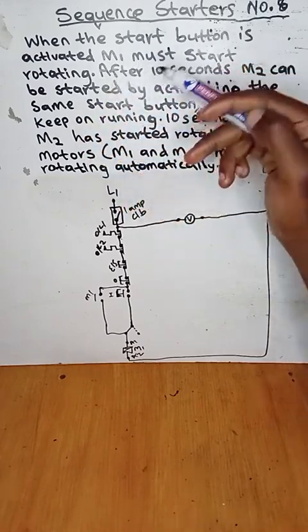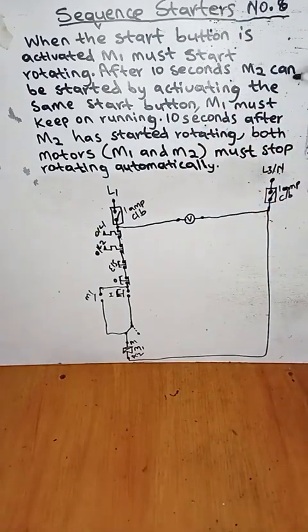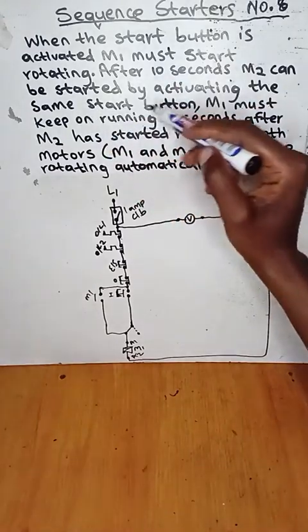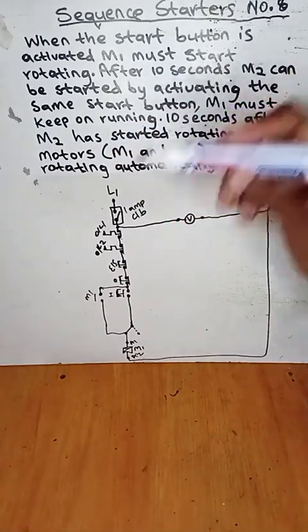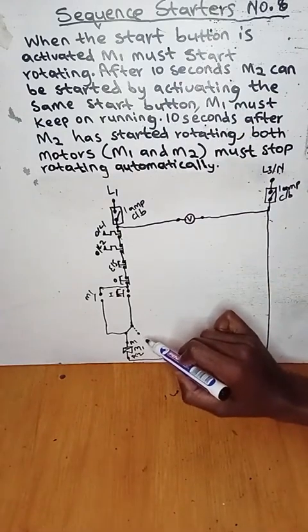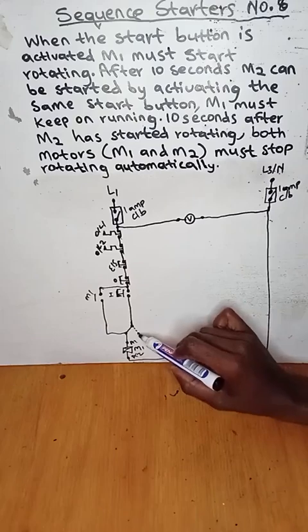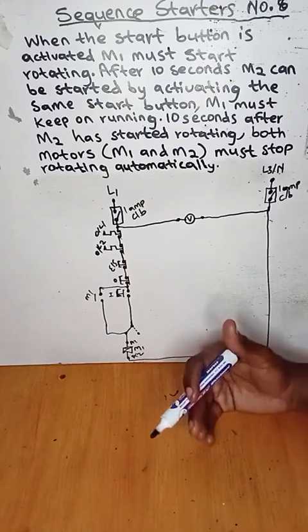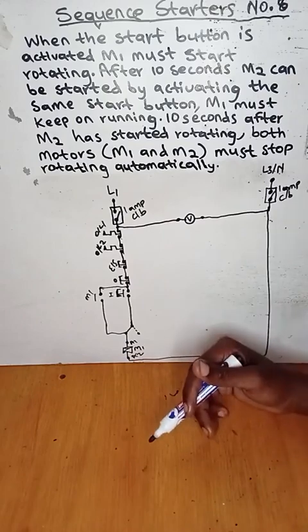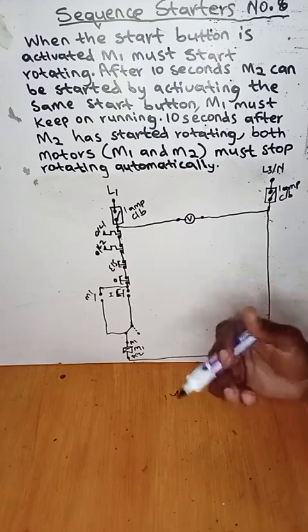Sentence number 2 says after 10 seconds, motor 2 can be started by activating the same start button. So after 10 seconds, this contact will be triggered, but it will be triggered with the delay on timer.